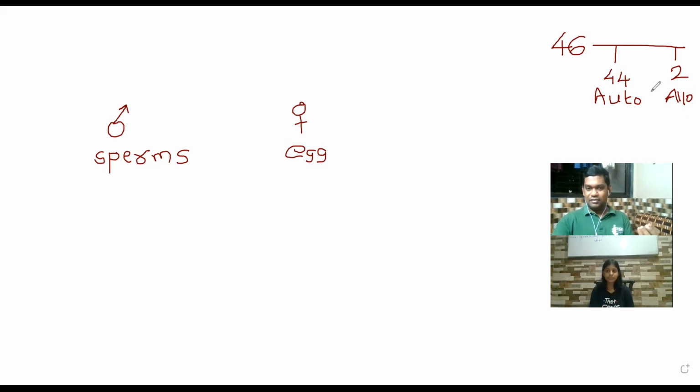For a character like the color of the skin, there is no male or female distinction. Both genders can have any possible color, shape of the eyes, height of the body, type of the hair, shape of the nose. All these characters are irrespective of the gender. That's why they are called somatic chromosomes.